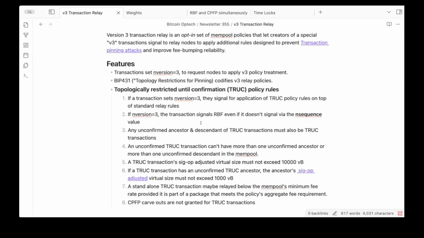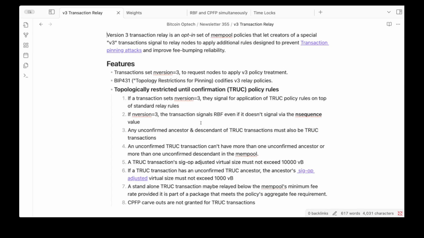Because now we are putting in a 10,000 V byte limit on the truck transaction, the attacker cannot add such bloated malicious transactions.